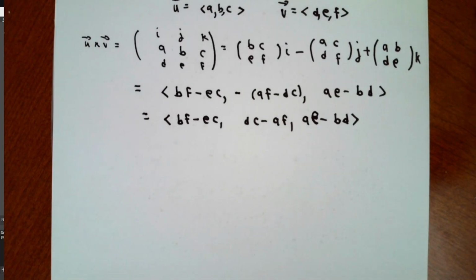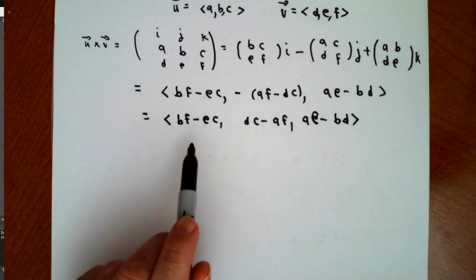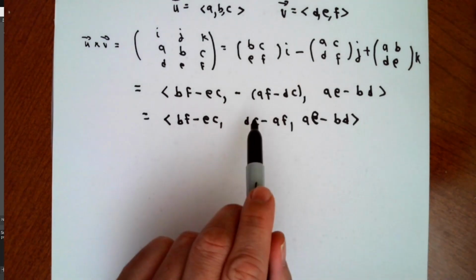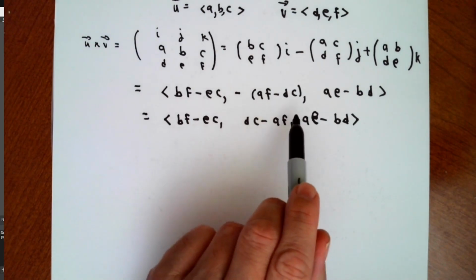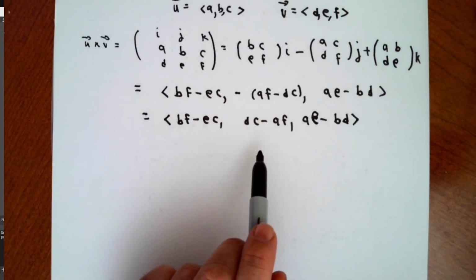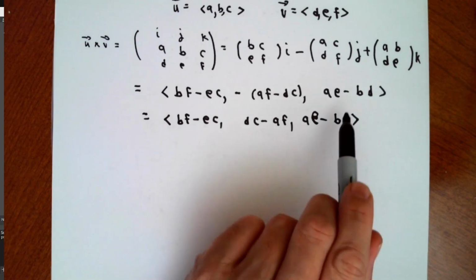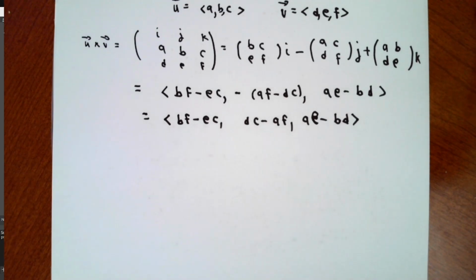If we expand U cross V in the usual way, the components of the answer are BF minus EC, the negative of AF minus DC, that is DC minus AF, and AE minus BD.